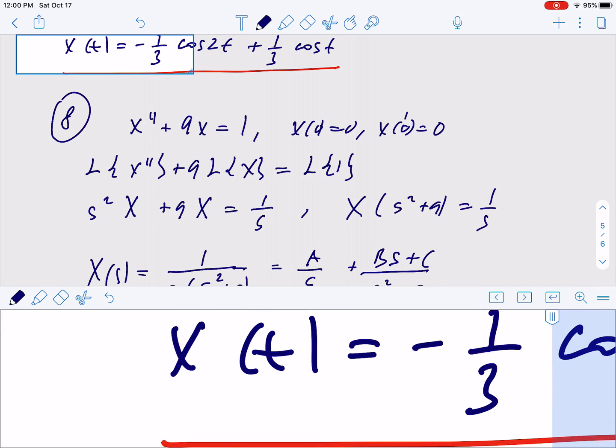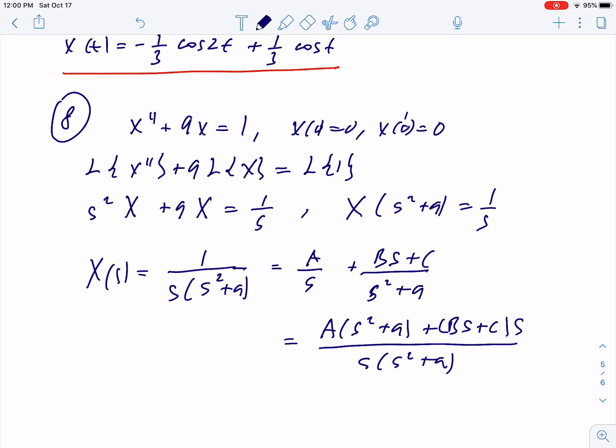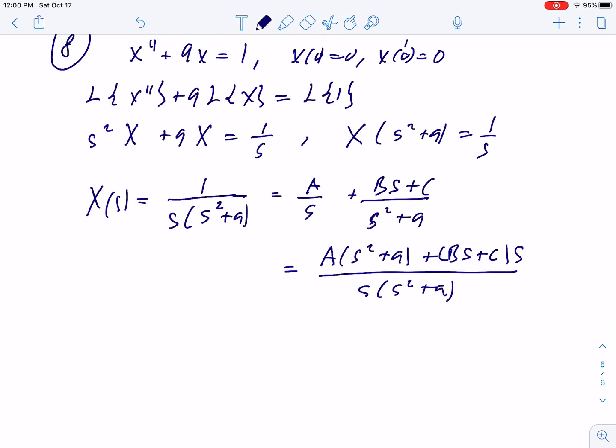Writing common denominator, on the right side this will be A(s squared plus 9) plus (bs plus c) times s over s times (s squared plus 9). Comparing tops, we come to this equation. 1 equals A(s squared plus 9) plus (bs plus c)s.